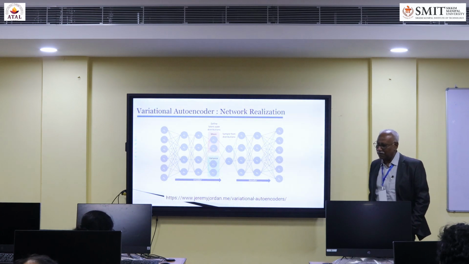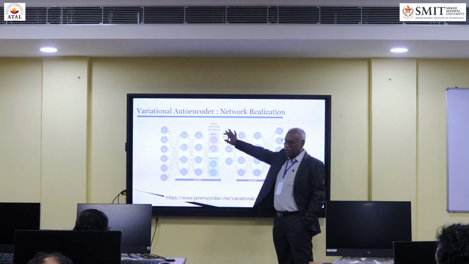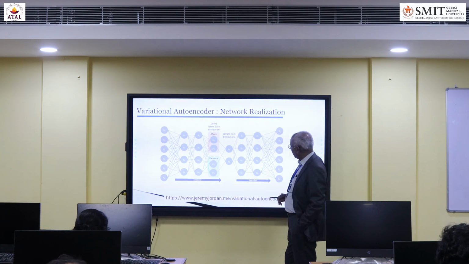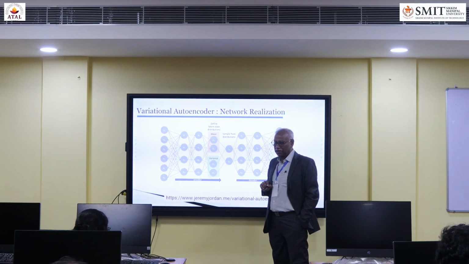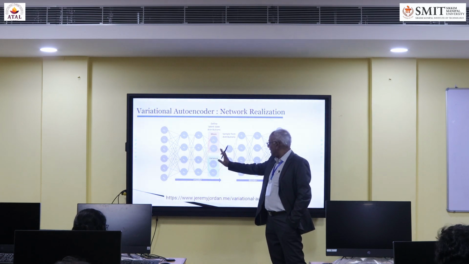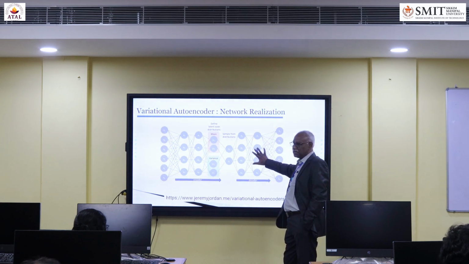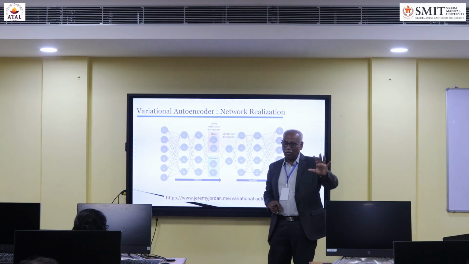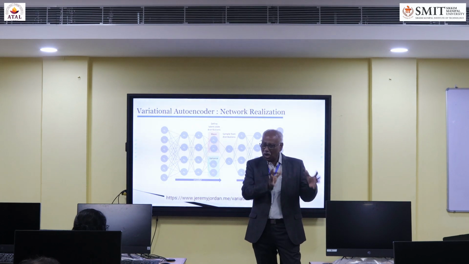In the variational autoencoder, what you try to learn is the mean and variance of the features. A sample from this distribution is given to the generator part, and the generator should be able to generate an image belonging to that particular domain over which the network is trained. So it is a distribution over the domain.